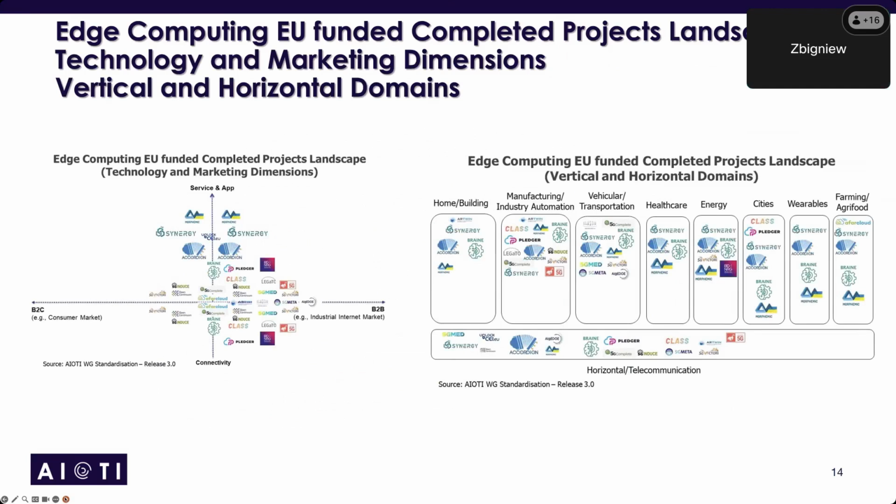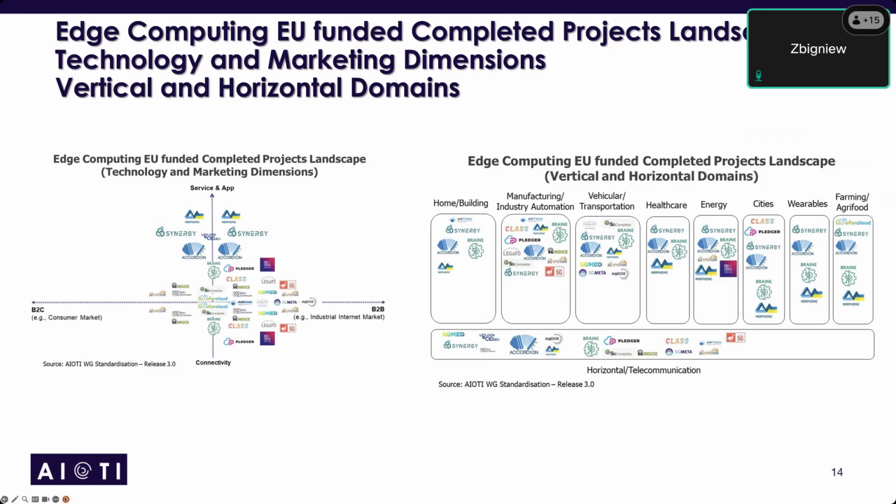The next group is the projects related to edge computing. These are completed projects. Again, the same analysis, and you can see that most of the projects touch rather all the subjects related to B2B, B2C, or to service and connectivity, but some of them, of course, are more focused on one aspect.